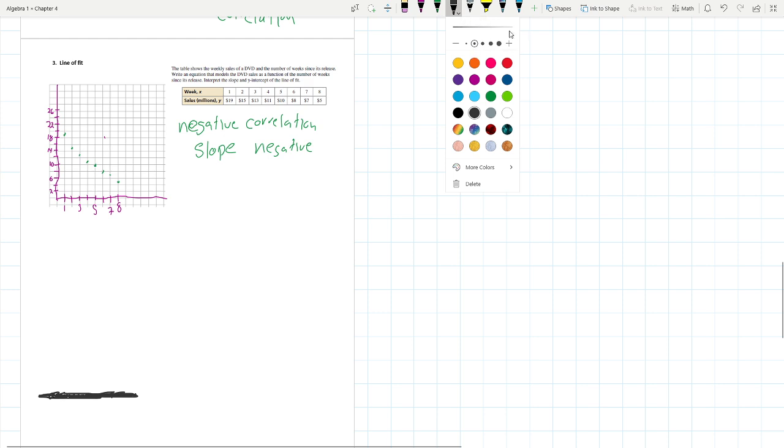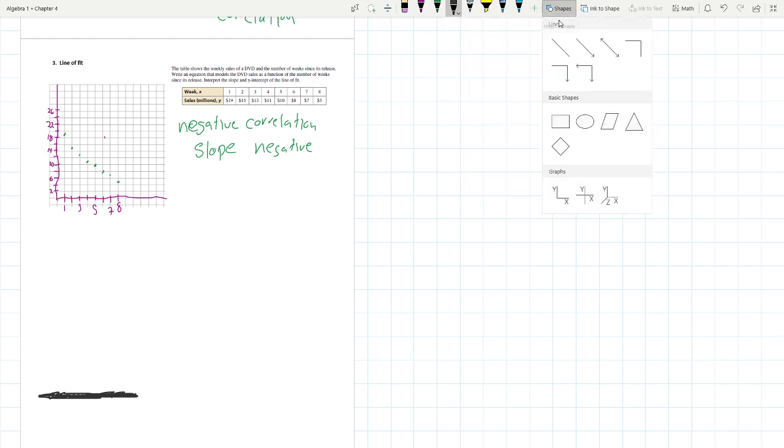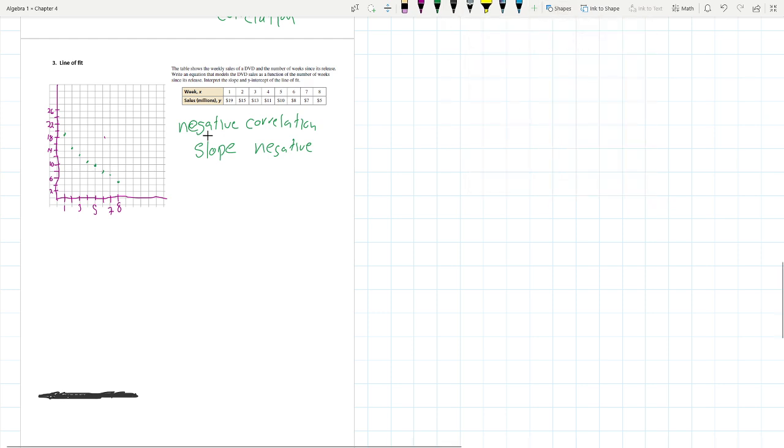Now, the thing that we're going to do is make a line. On a line of best fit, or a line of fit, our end goal is to try and have it as equal as possible. The way that I do this, and it's really easy to do with a piece of paper, is to guess and use another piece of paper to figure out where you have the most points above and below.